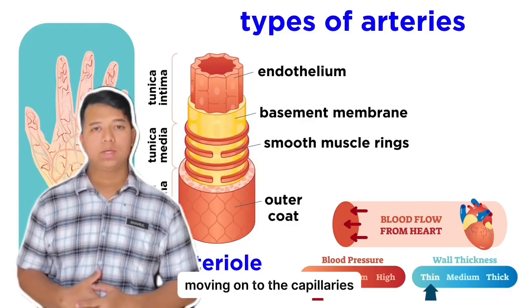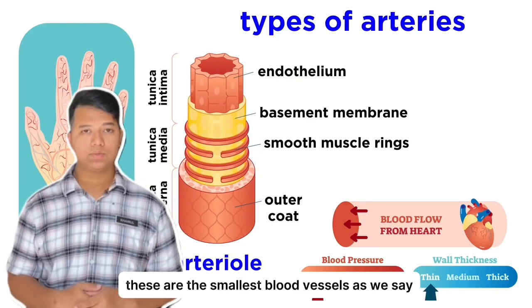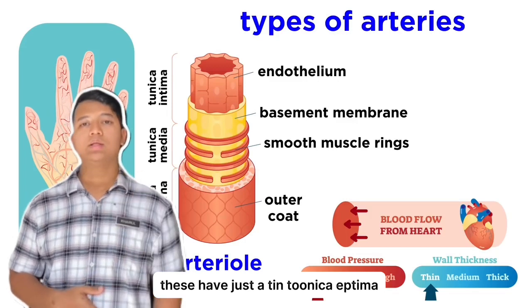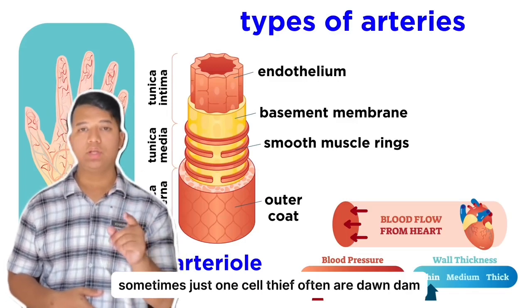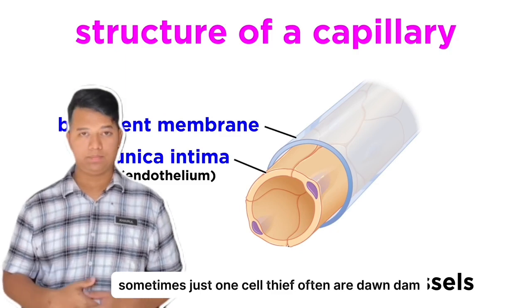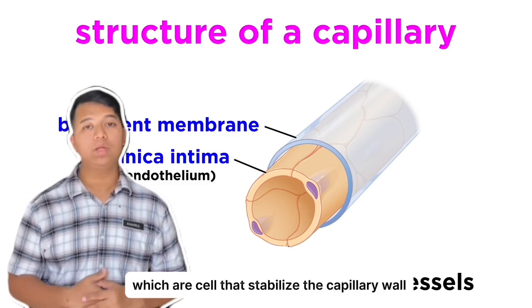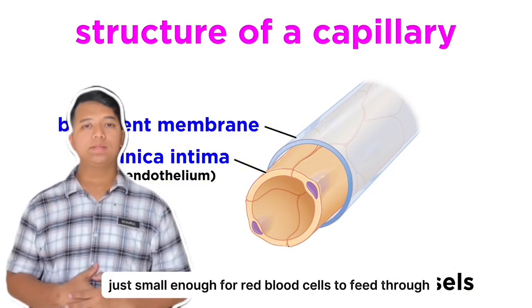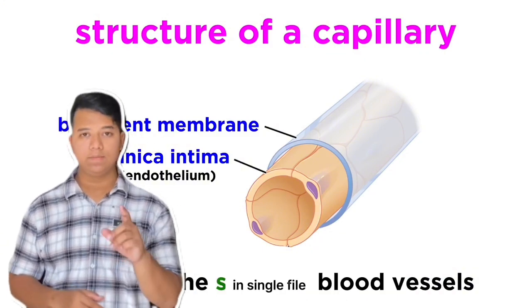Moving on to the capillaries, these are the smallest blood vessels. As we said, these have just a thin tunica intima, sometimes just one cell thick, often adorned with pericytes, which are cells that stabilize the capillary wall. The lumen of a capillary is very small, just small enough for red blood cells to squeeze through in single file.